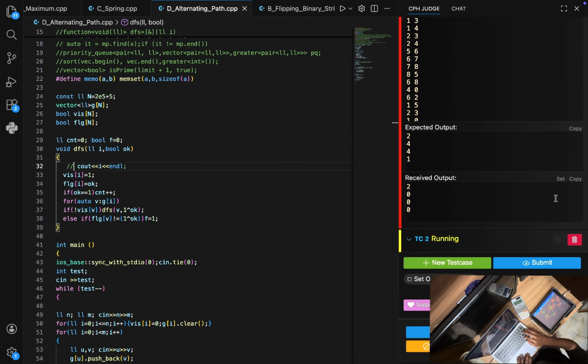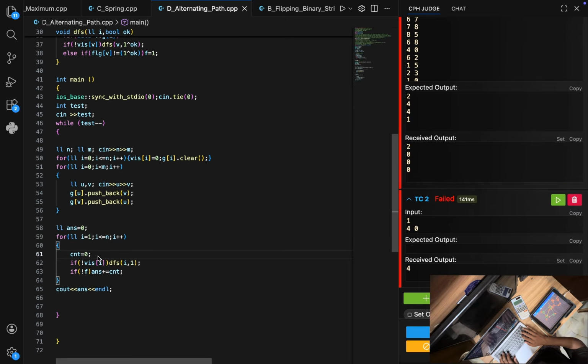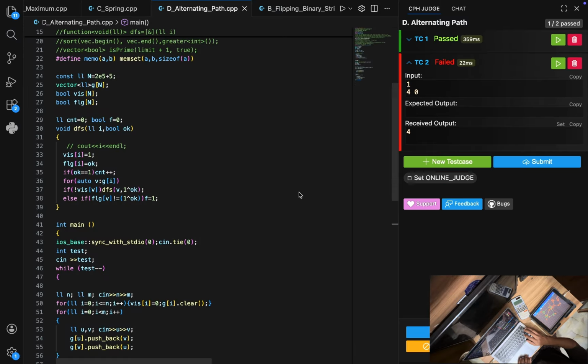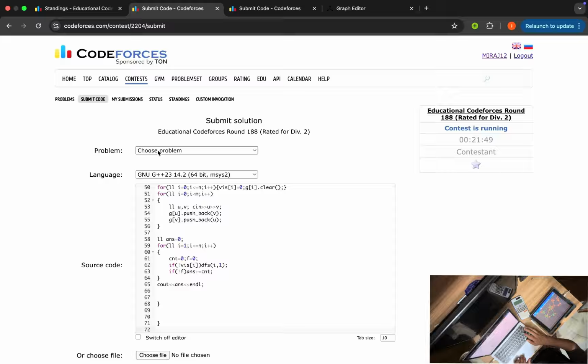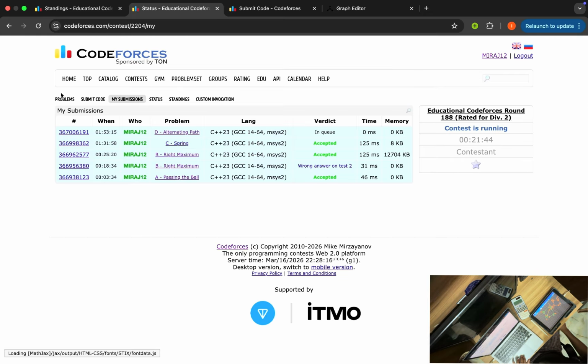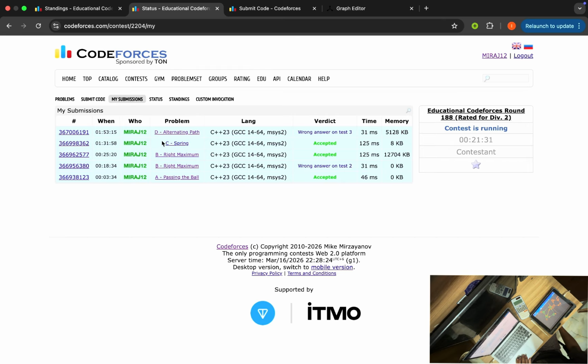Bro, now it's giving me 4. Oh, I didn't reset. F equal to 0. Nice. Wrong on pretest 3. Really?